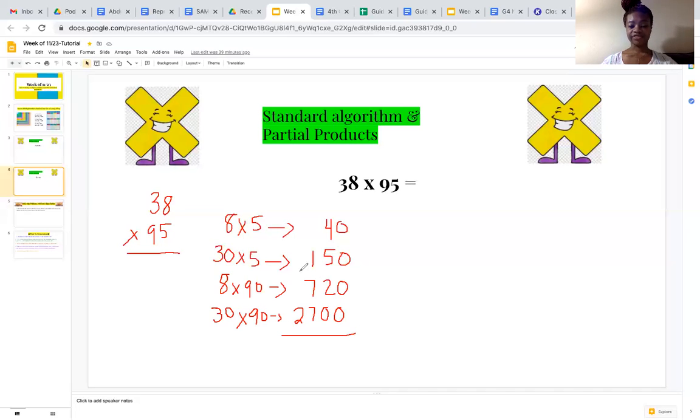And once we add them, we can do this, make sure we show all steps. Once we add our partial products, we get 11, I believe, regrouping, 2 plus 7 is 9, 9 plus 7 is 16, so here's 6. We're regrouping once more in the thousands place. 1 plus 2 gives us 3. So here we have a product of 3,610.